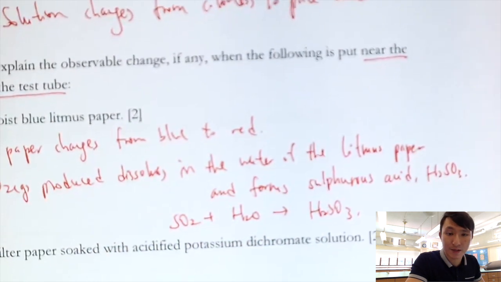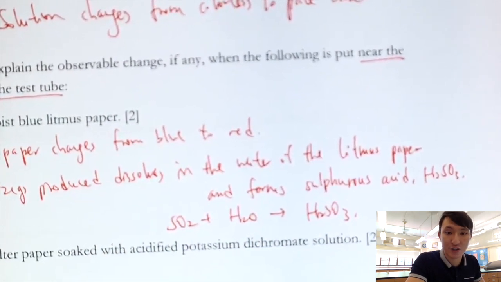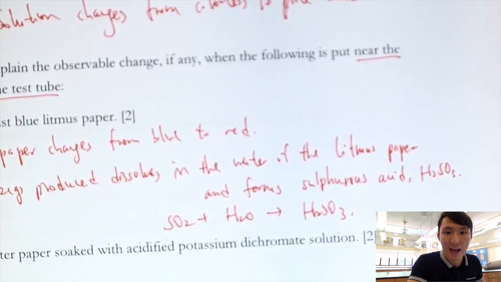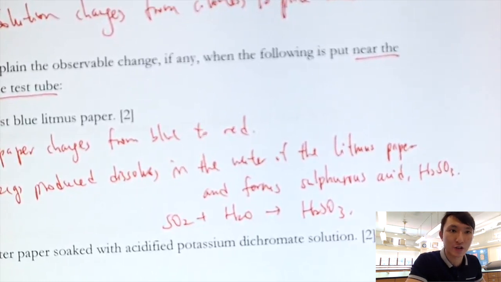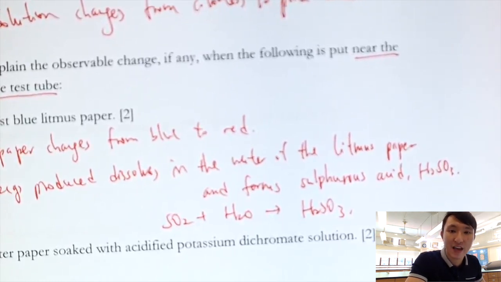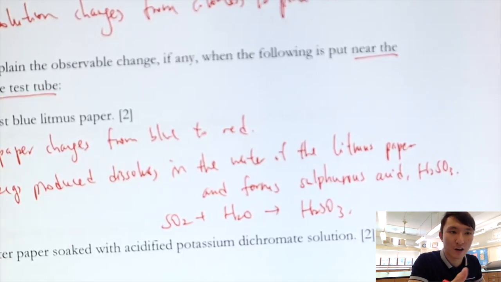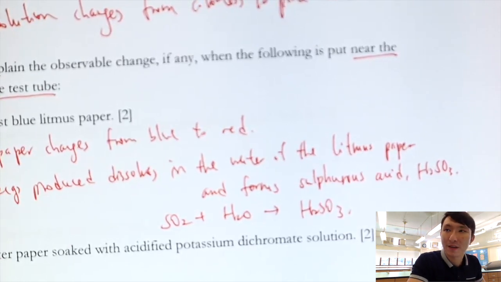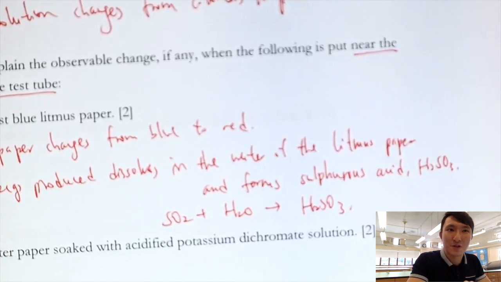Remember, in chemistry, sometimes you can include a chemical equation as part of your explanation. And if your explanation is not sufficient, but that equation can help you to cover the part that you haven't mentioned, then the invigilator will still award you marks.